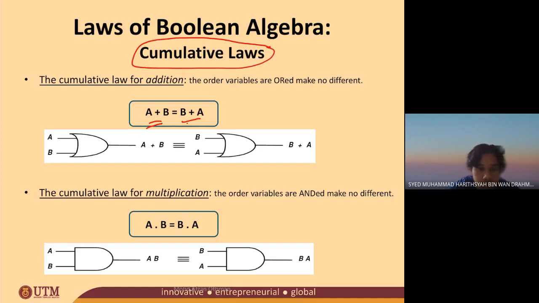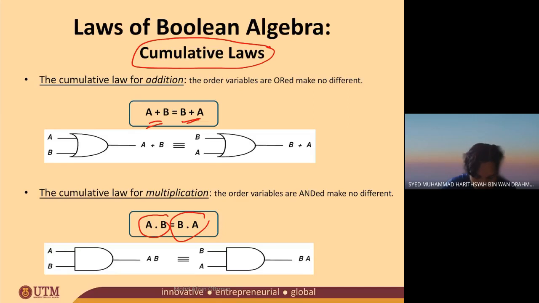A plus B is equivalent to B plus A. And it's the same for the commutative law for multiplication: A times B is equivalent to B times A. So the first law is the commutative law, either for addition or for multiplication, where you just change the position.